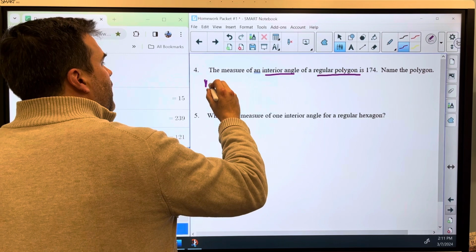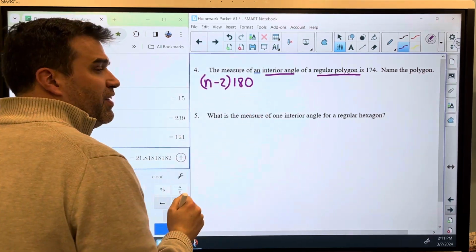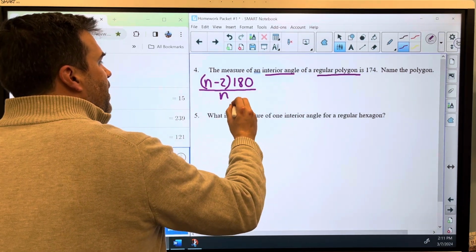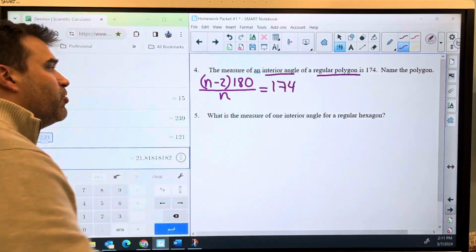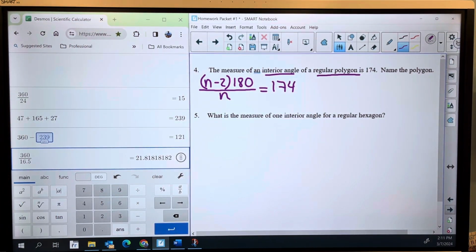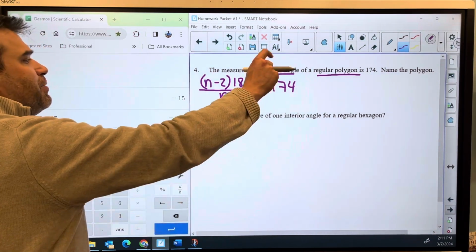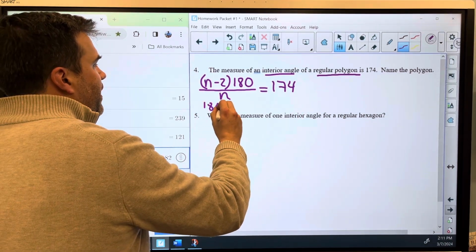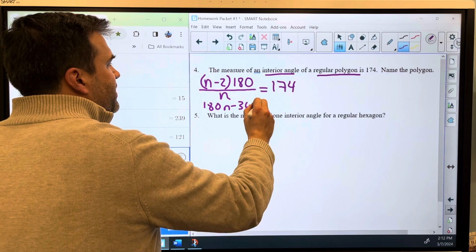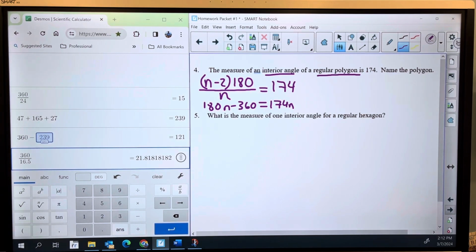The interior angle of a polygon is going to be n minus 2 times 180, that's the sum of the interior angles, divided by n, and that should equal 174. This sets up an equation that's not easy, but it's not a wildly difficult equation to solve. I would multiply both sides by n, distribute the 180, and that would give us 180n minus 360 equals 174n. And now it looks like a much more solvable equation. Nothing wrong with doing it this way.